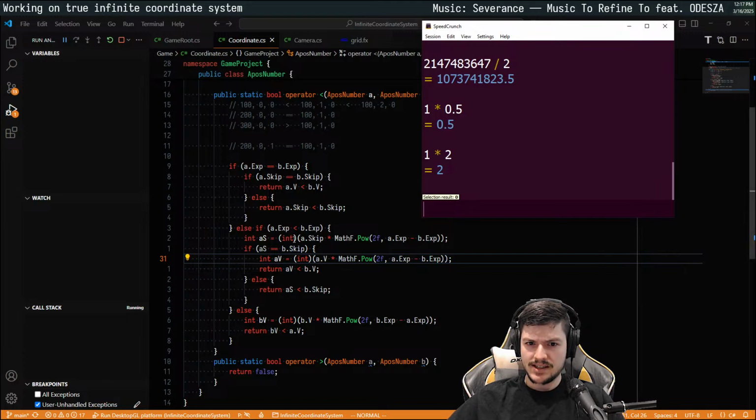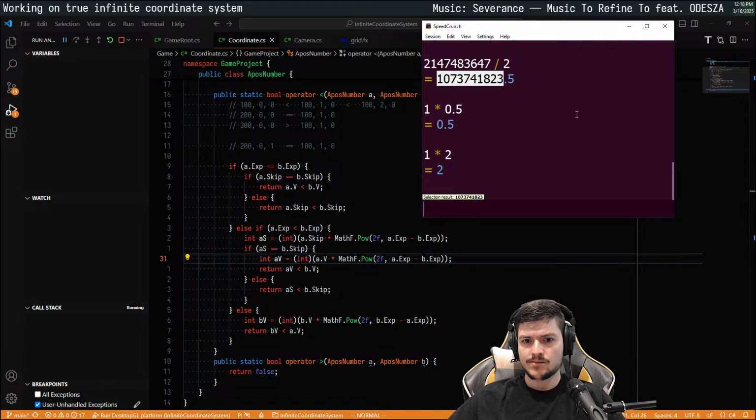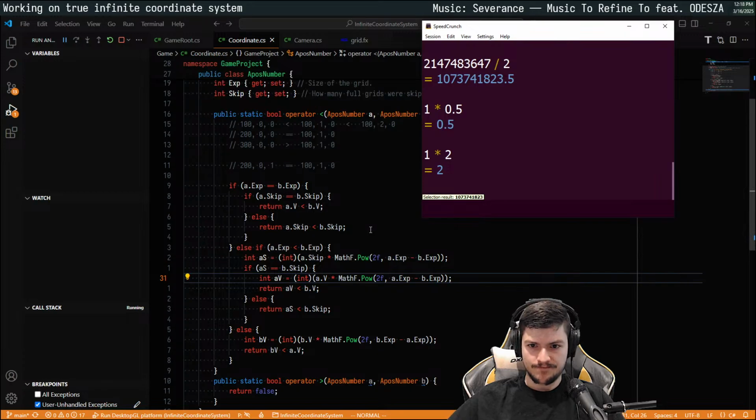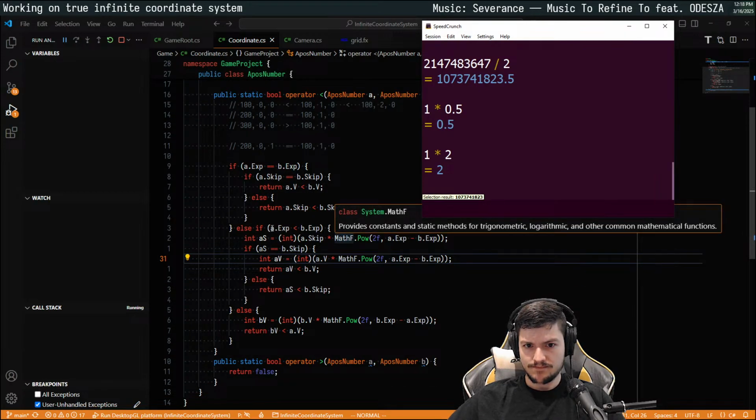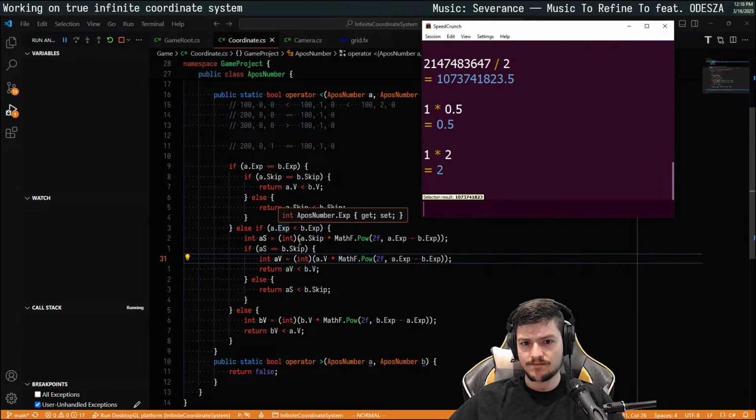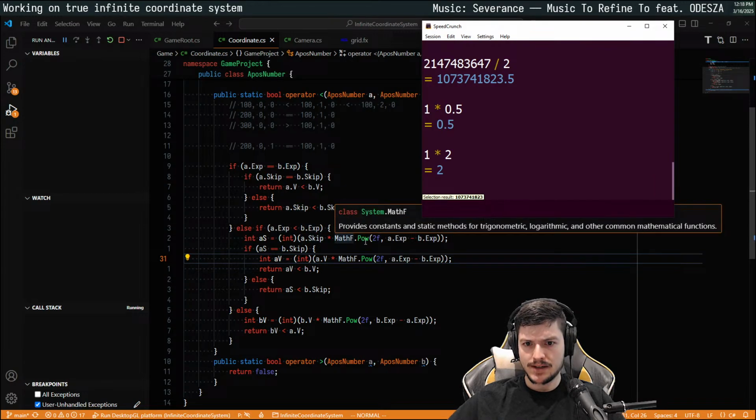No, because it's an int, you end up with this side. AS is equal to BS. You end up with 0 here for this number, but the 200 here has to be plus this. A skip times Math.pow 2f.